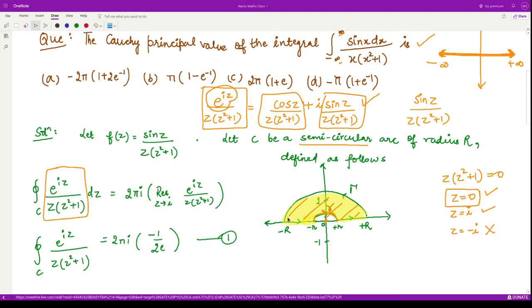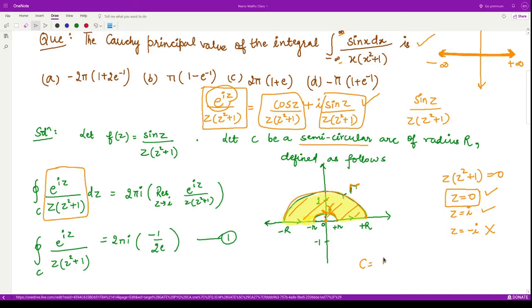We have named the upper curve capital gamma. So in effect your C becomes, if you start from this point, we are traveling in the anti-clockwise direction.